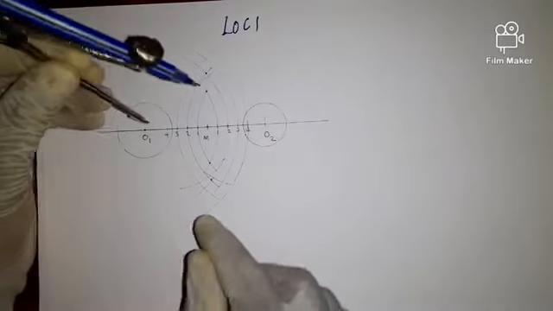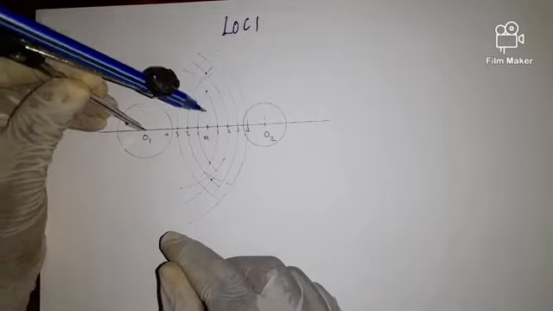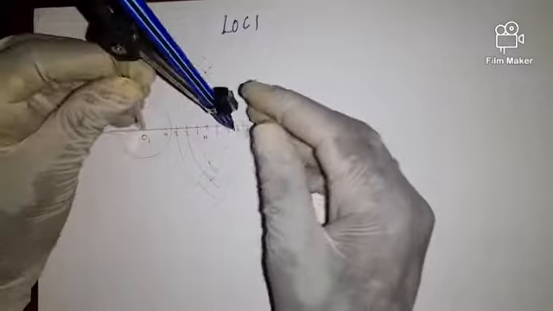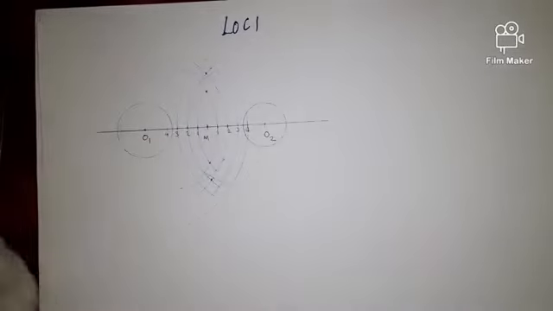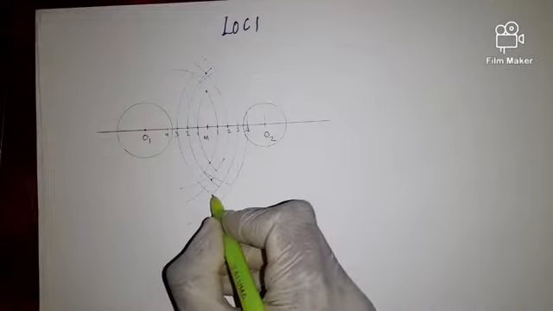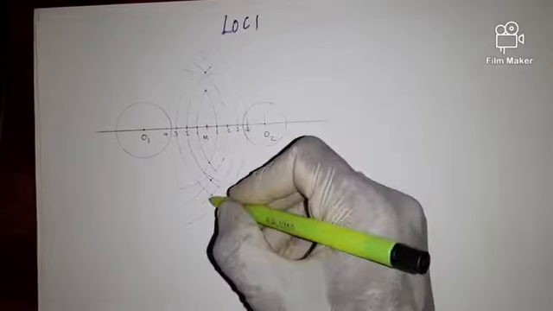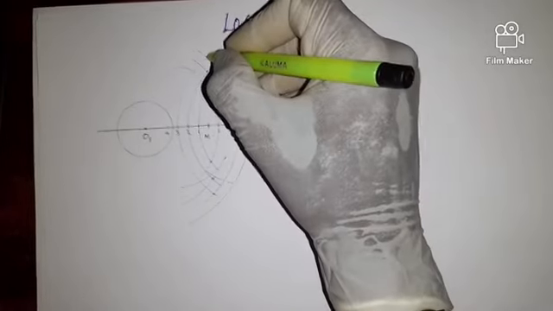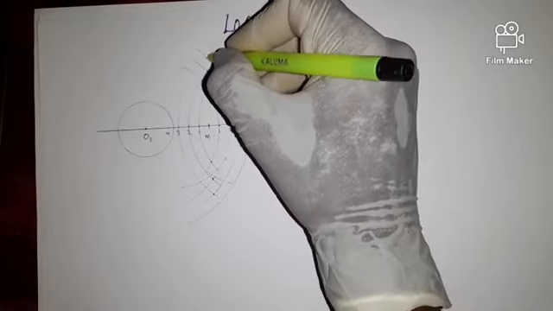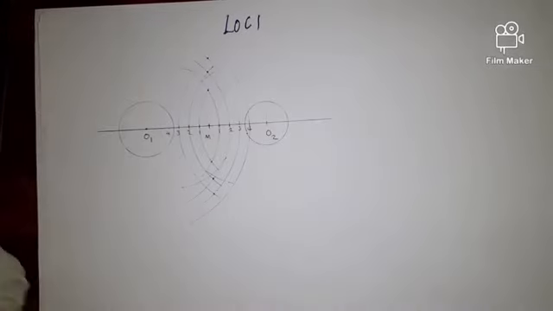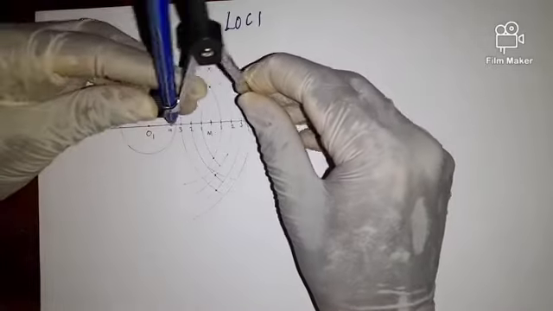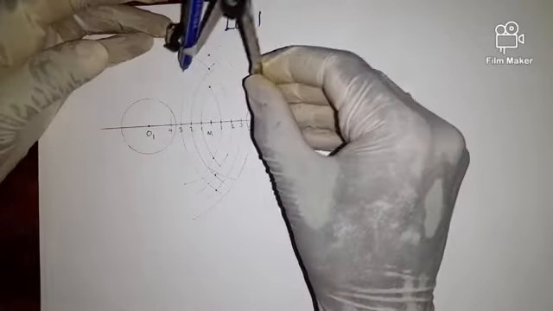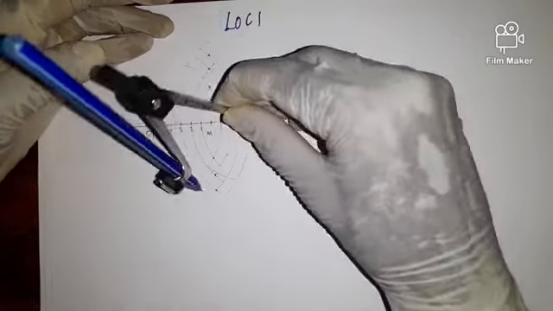Remember, we had this line 3. So where it meets line 3, we put a dot and we put a dot. This is line 3, line 3. Then lastly, we come to 4. So 4, we draw and draw.